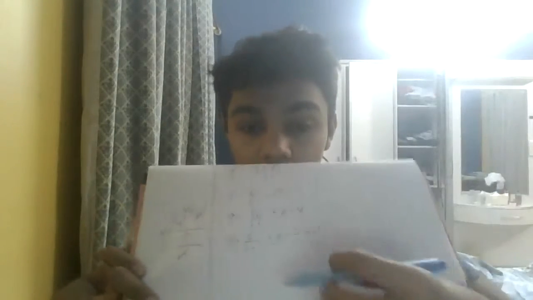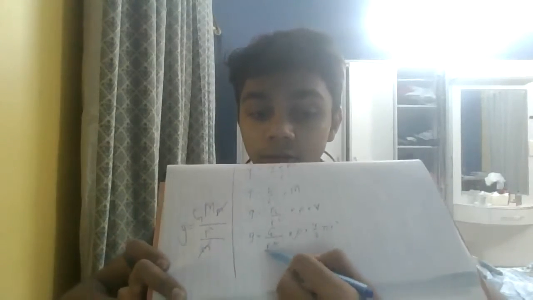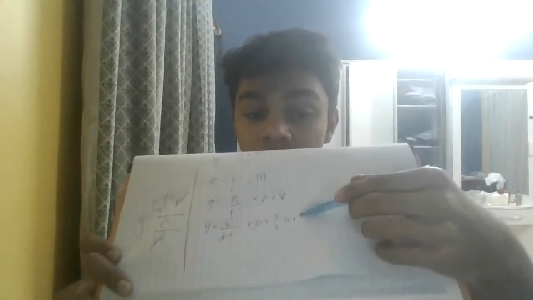These are the derivations that we've reached so far, and we're going to cut this r square over here, and we're going to be left with just one r, right? So at this point, we reach g is equal to G into density into 4 upon 3 into pi into r, like this.